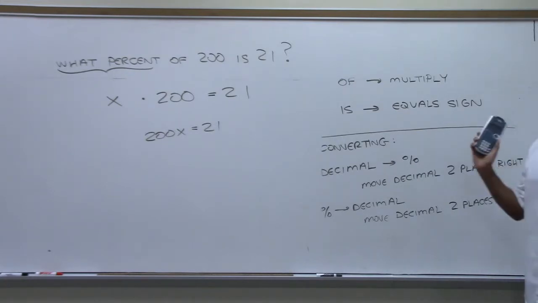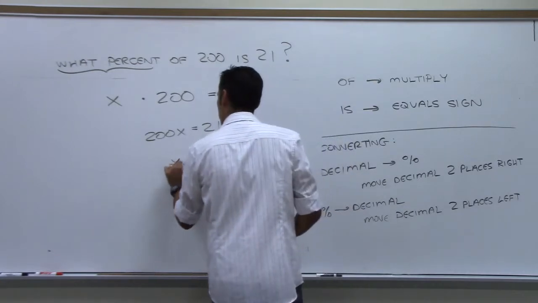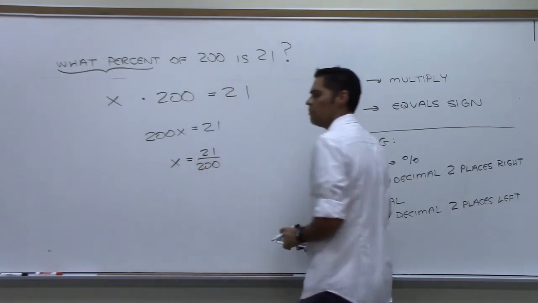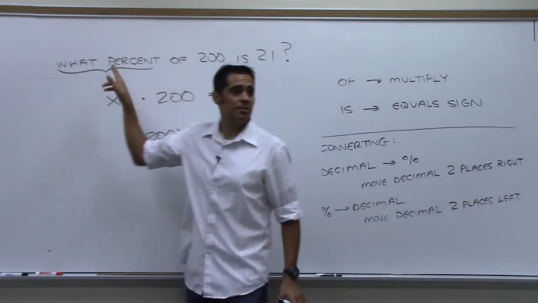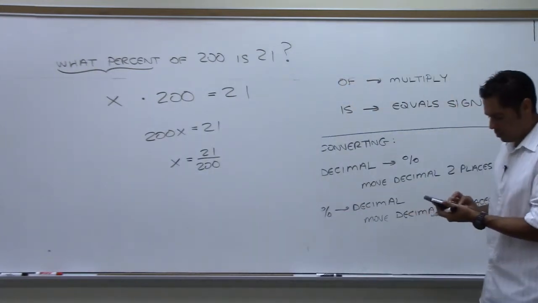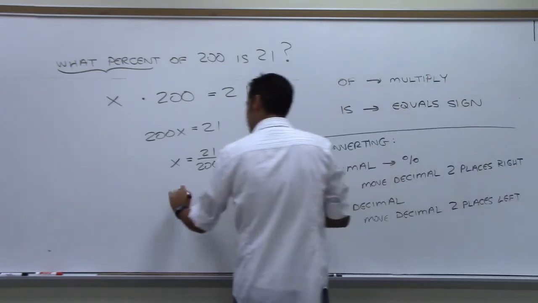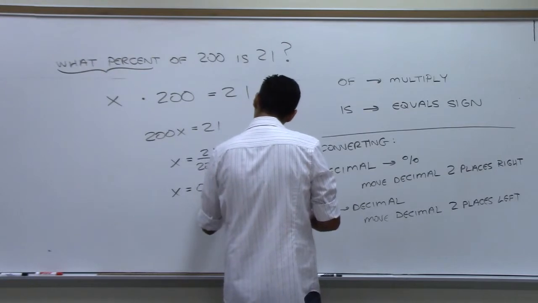All right, what do I do now if I'm trying to solve for x? Divide both sides by 200. They say what percent, right? So the final answer needs to be with the little percent symbol. So on my calculator, I'm doing 21 divided by 200. And I'm getting x is 0.105.